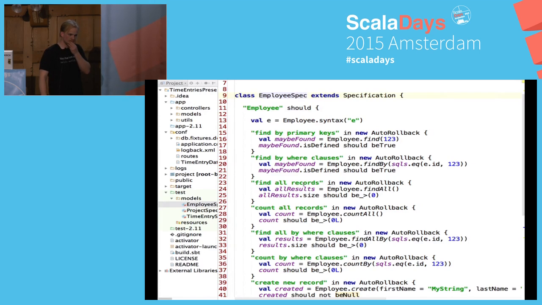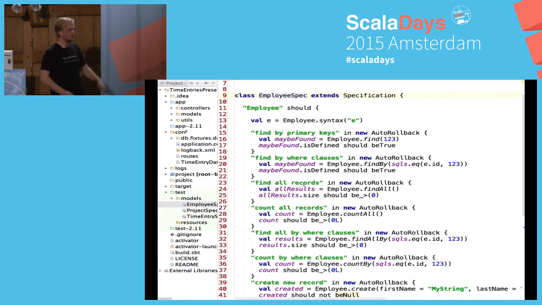What does ScalikeJDBC do with a rich domain model? I noticed you've got all these really record-like structures. Yep. So what if you want the relationships then? Yeah, if you have the relationships, then you still need to specify them. The reverse engineering tool won't do that for you. But then you can simply, in the apply methods, make sure that it will also retrieve that ID from the database.